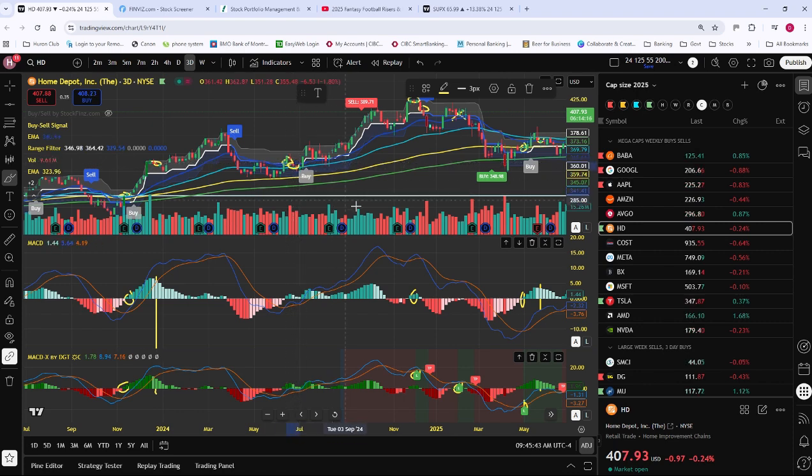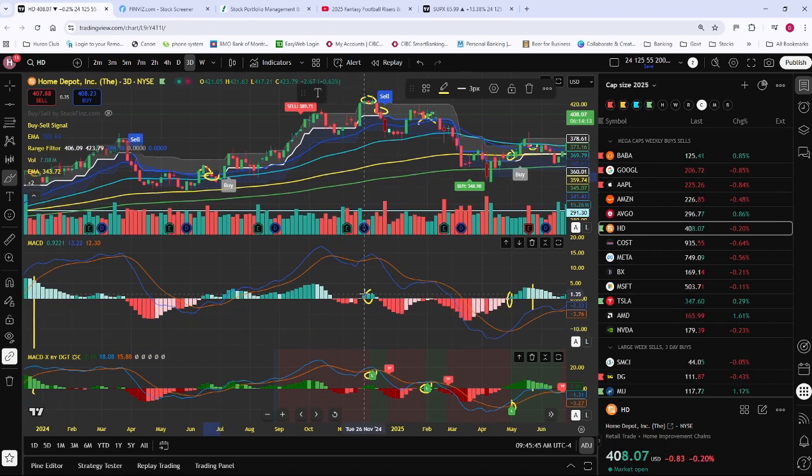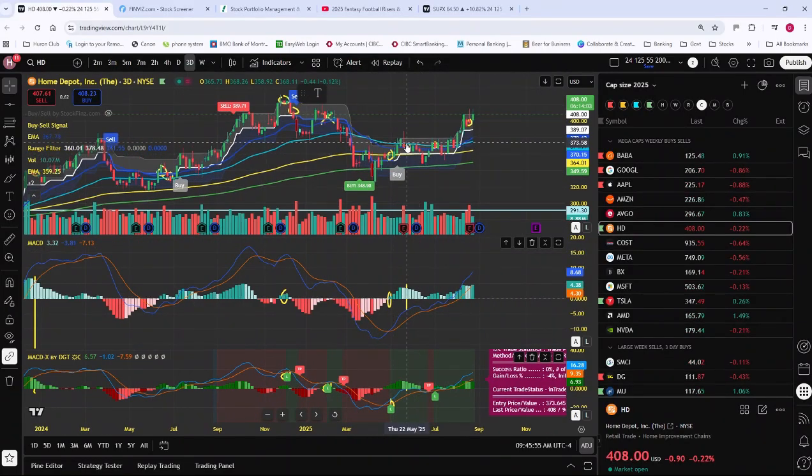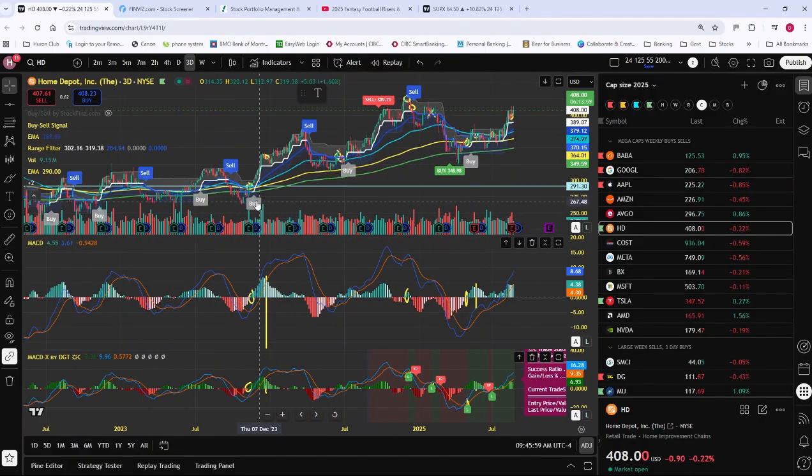Probably would have got in there. We got out very quickly there, so wouldn't have made any money there, and made a couple of bucks here, and then we made some bucks here. So over the course of this period, from November of 23 up to now, we would have taken 12%.